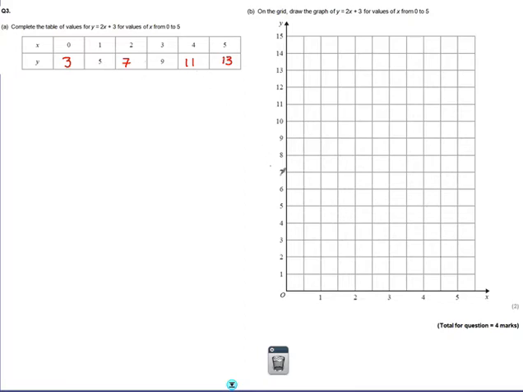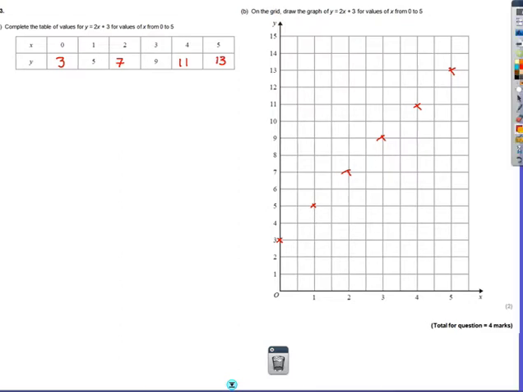And now, part B, on the grid, draw the line y equals 2x plus 3 for the values of x from 0 to 5. All we have to do is sketch this. And x here, so 0, 3 is a coordinate, so x is 0, y is 3 is over here. 1, 5, 2, 7, so x is 2, y is 7, 3, 9, and I'm just going to quickly plot the rest just to save time.